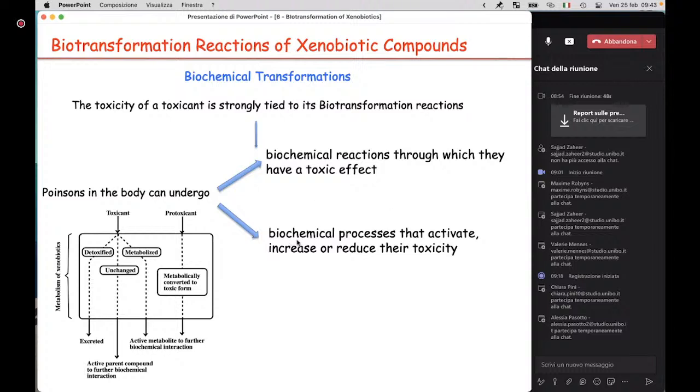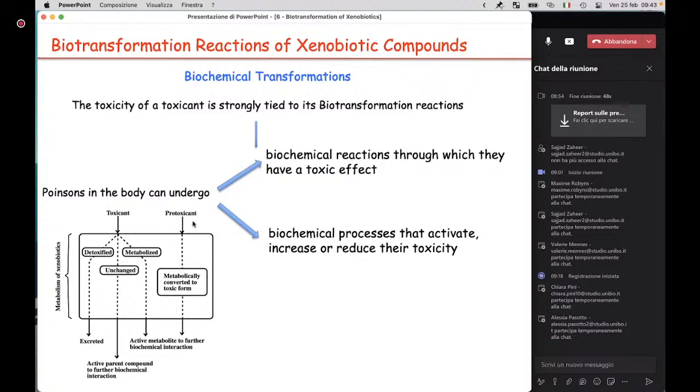However, those processes can change different compounds and also the same compound in different ways. They can activate inactive compounds. So we can have non-toxic compounds that are absorbed and the biotransformation changes them, making them toxic. And usually those compounds are called protoxicants.